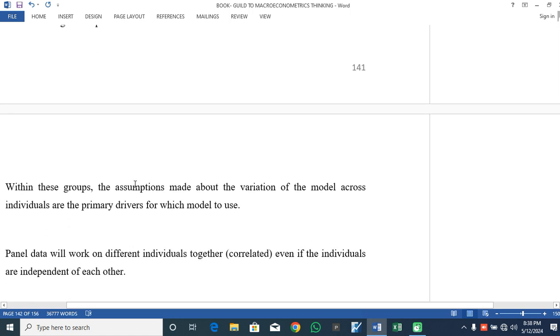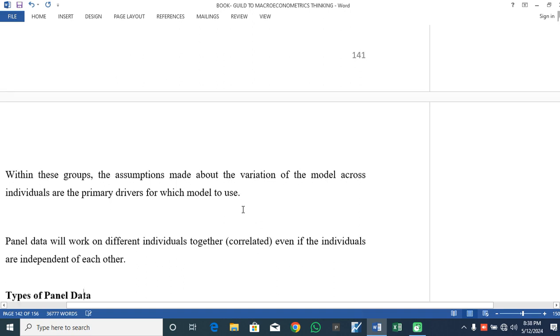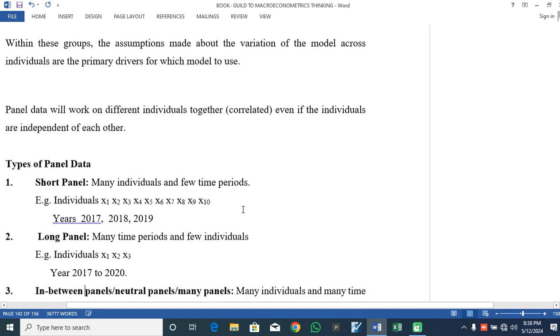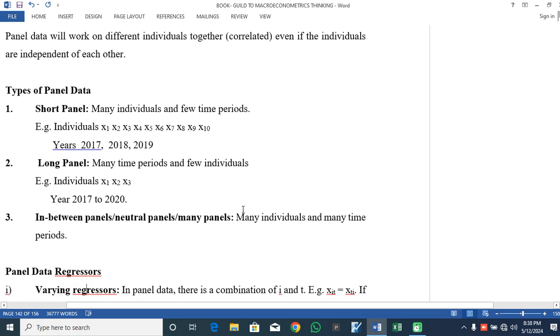Within this group, the assumptions made about the variation of the model across individuals are the primary drivers of the model to be used. Then basically, there are about 3 types of panel data. We have the short panel, the long panel, and the in-between panel, or what they call the neutral panel, or many panels.